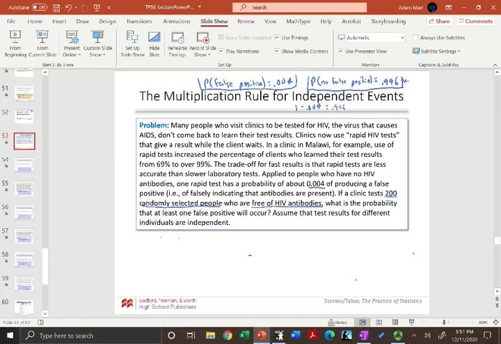So what are we trying to find out? We have 200 randomly selected people who are free of HIV antibodies. We want to know the probability that at least one false positive will occur among these 200 people.